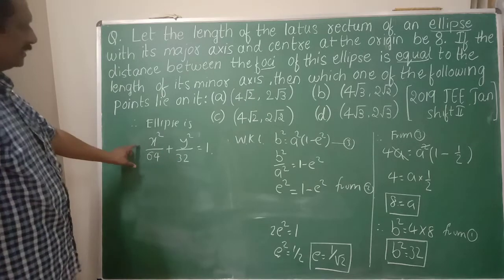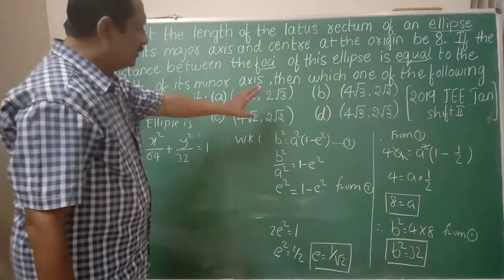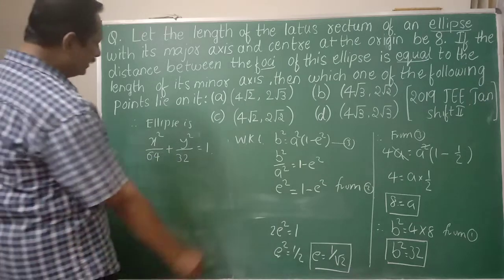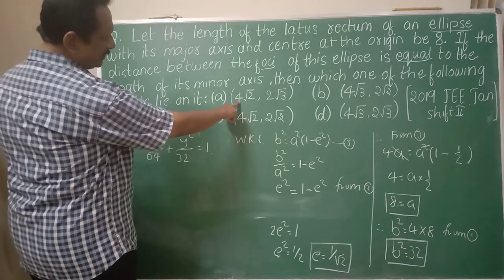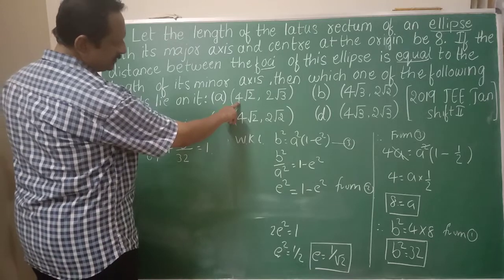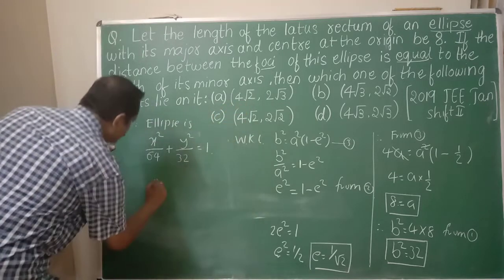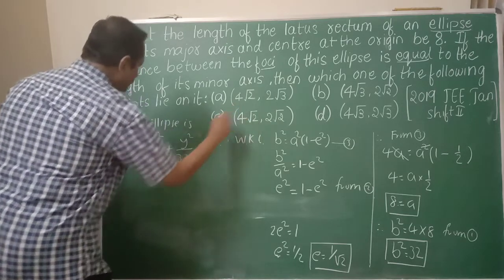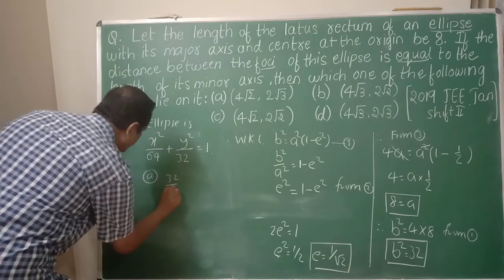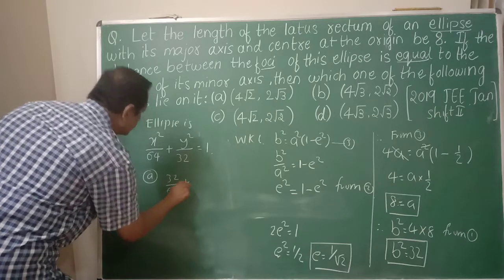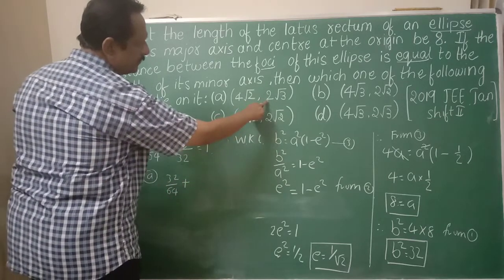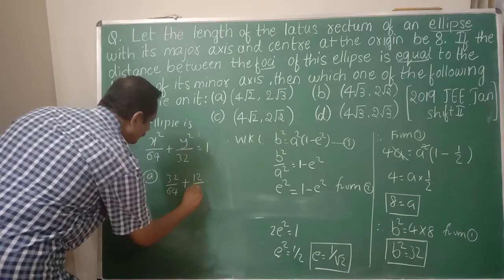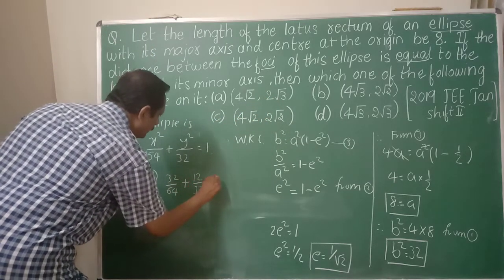Therefore there are 4 points. Which point lies on this ellipse? Just substitute. If you take the first option, 4² is 16, 16 times 2 is 32, so 32 divided by 64 plus 2² is 4, 4 times 3 is 12, so 12 divided by 32. Simplifying, we will not get 1.